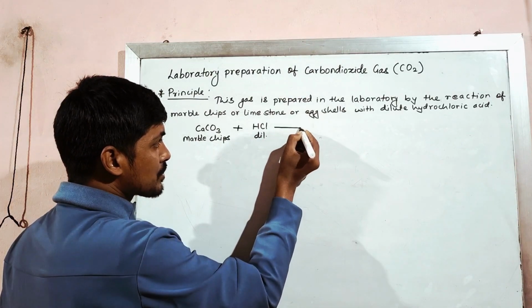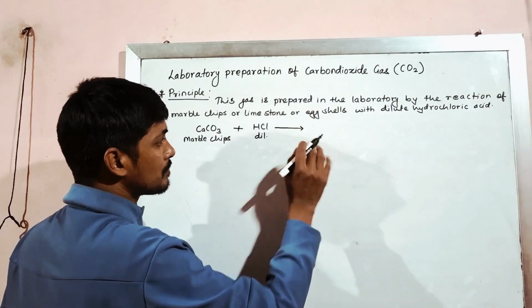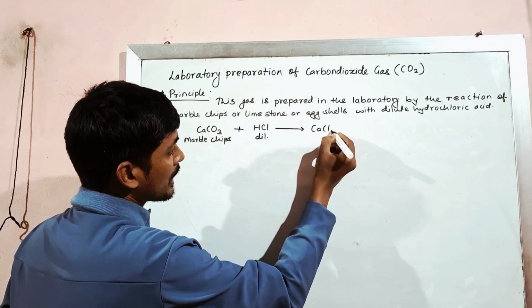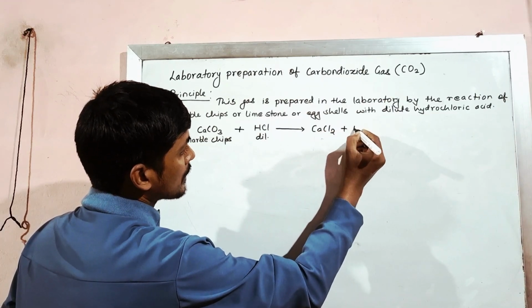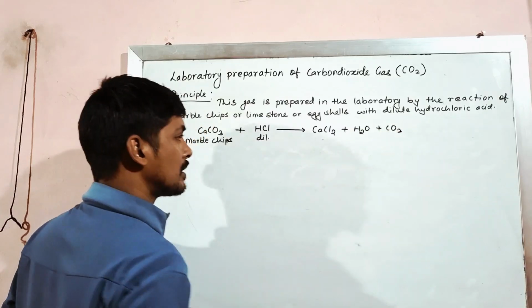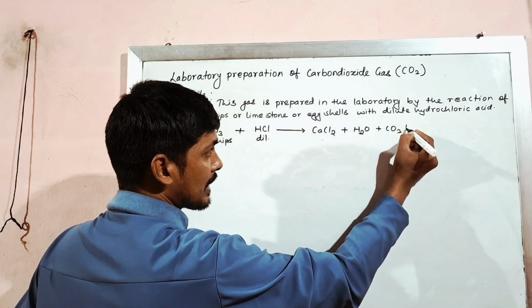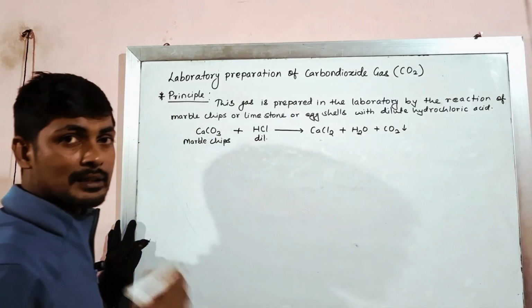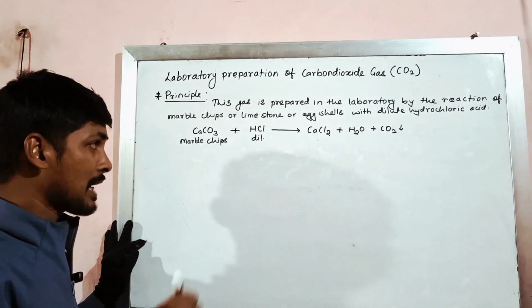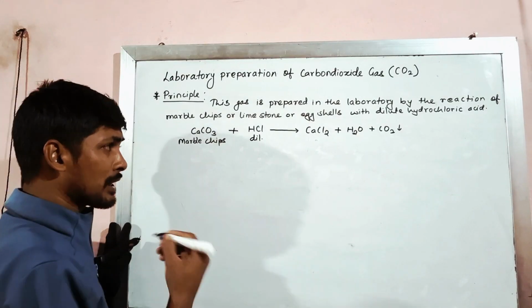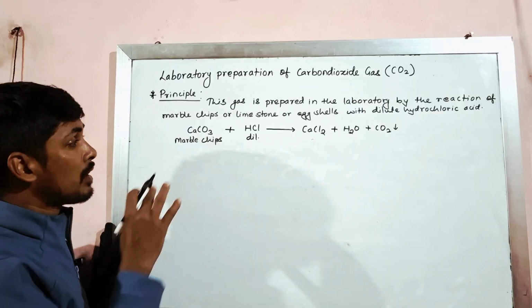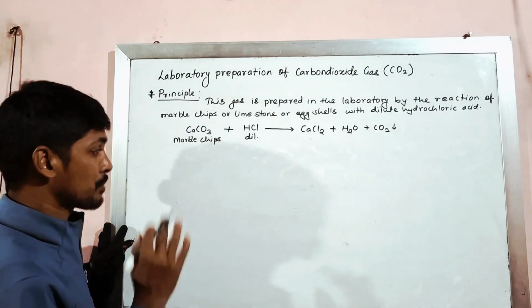When they react together, they produce calcium chloride, water, and carbon dioxide gas. We show the carbon dioxide gas by a downward arrow because it is heavier than air and it goes down.